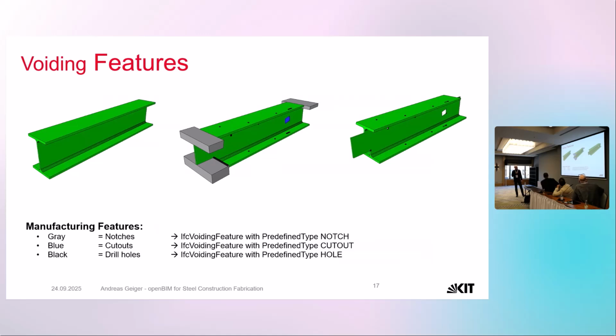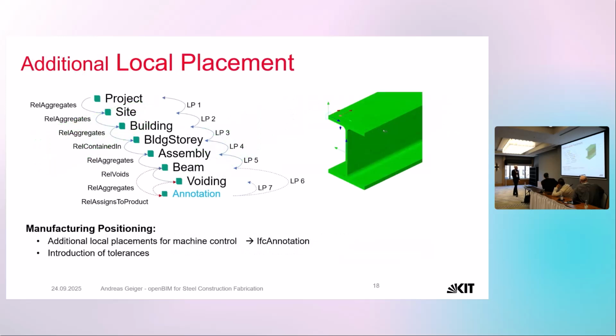Here an example of voiding features. We have notches, we have cutouts, and we have drill holes, for example, and we are not using IFC opening element. We're using another entity which already has predefined types that are very helpful for us.